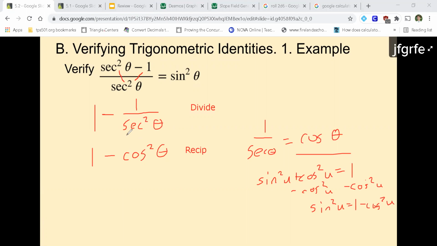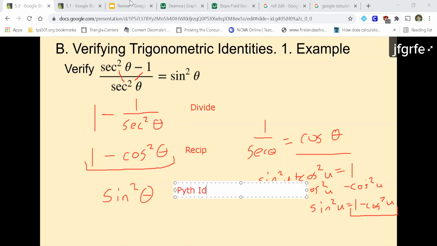And hey, look, that's the same thing I have right here, which means 1 minus cosine squared of theta is really just sine squared of theta. And oh my gosh, that's what I was trying to get as my answer. Yay.